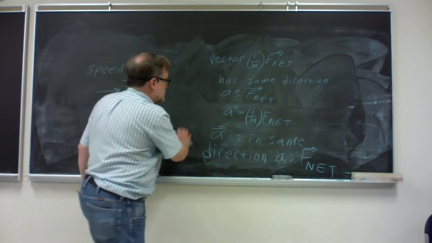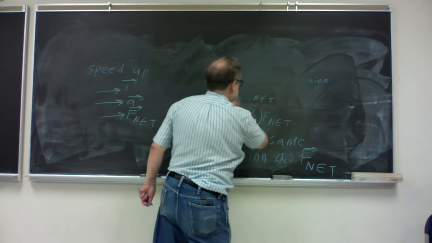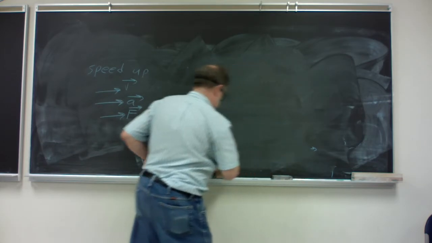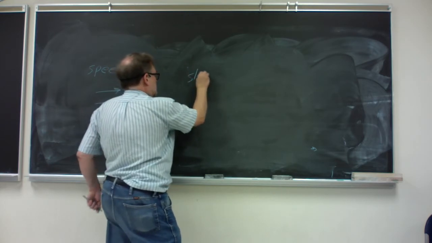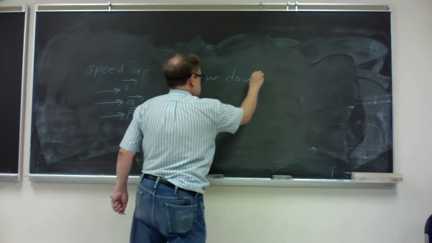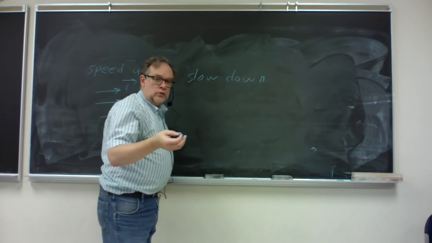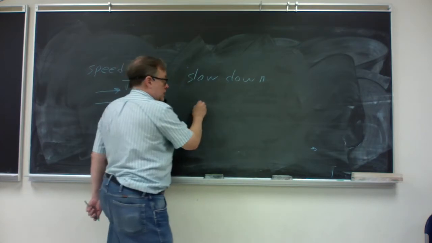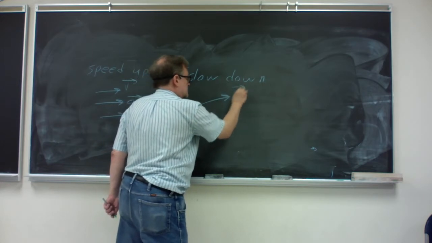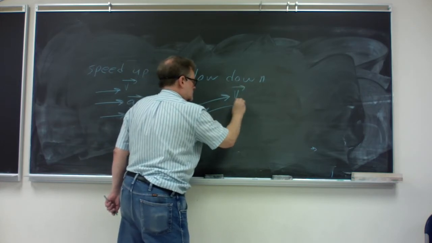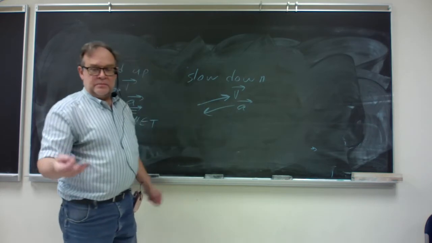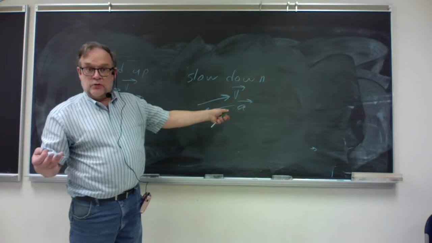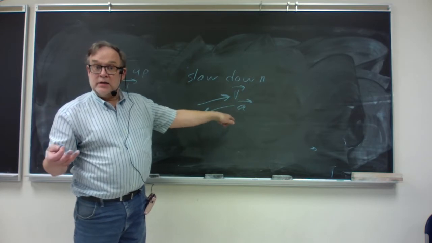Or similarly, if something slows down, we already know that velocity and acceleration point in opposite directions when something is slowing down. But again, we know that that acceleration is caused by a net force, and the net force points the same way as the acceleration.